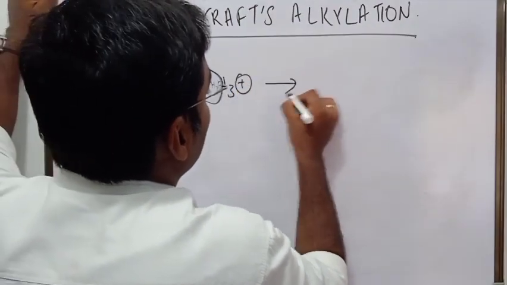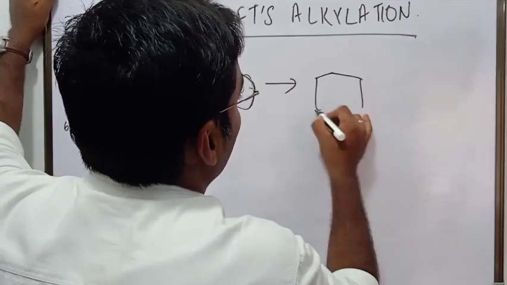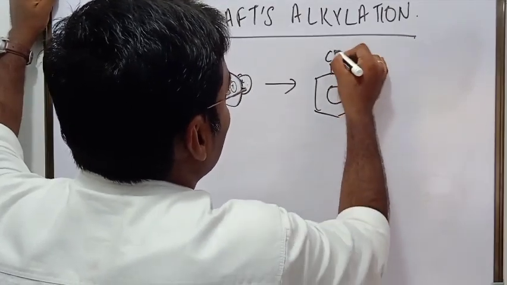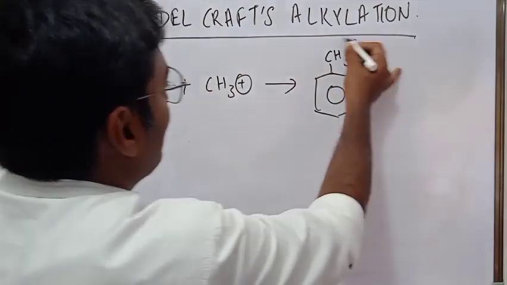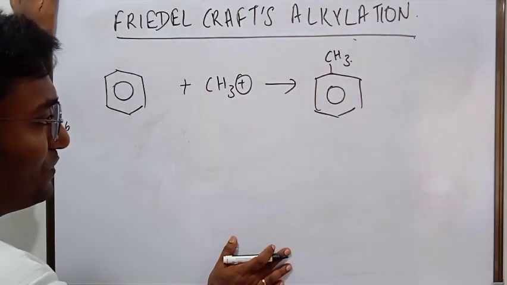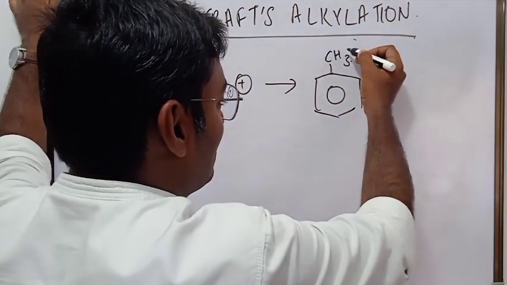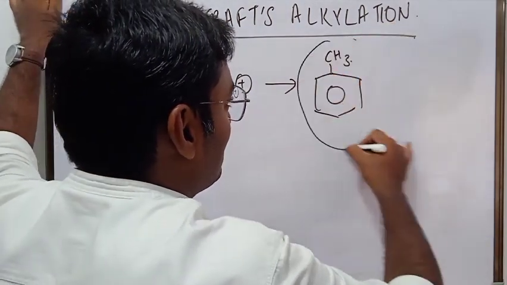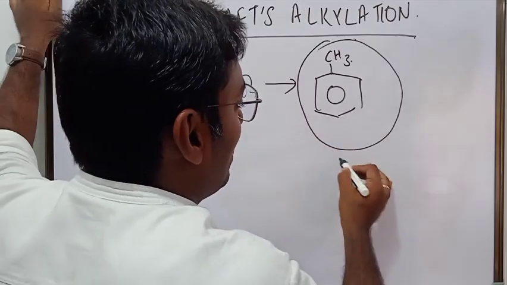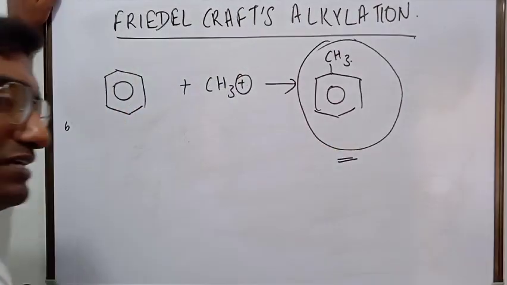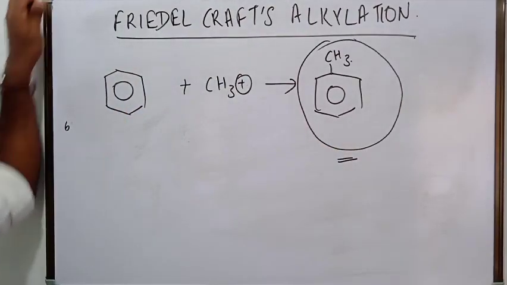And the product that is formed here is alkyl benzene. Here it is methyl benzene or toluene. So that is the importance of Friedel-Crafts alkylation reaction: it is used in the preparation of alkyl benzenes.